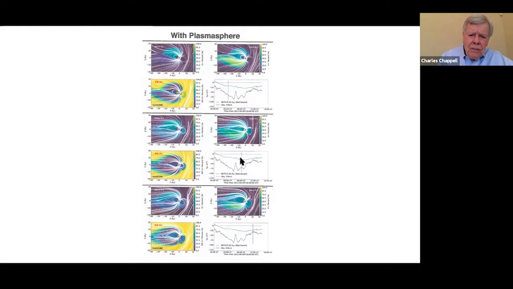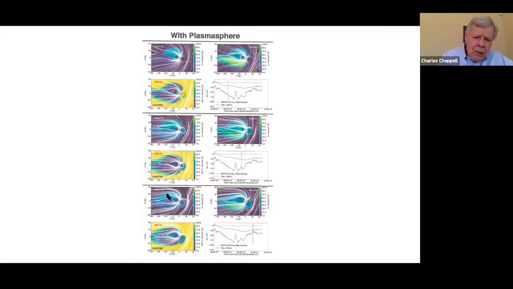Here, in the expansion phase of the storm, we still see the ionospheric H+ filling in, the ionospheric O+. Still, the solar wind is not dramatically accessing the inner plasma sheet inside of 30 RE. And then in the recovery phase, the polar wind is still flowing out, but it's starting to vent out the tail now.